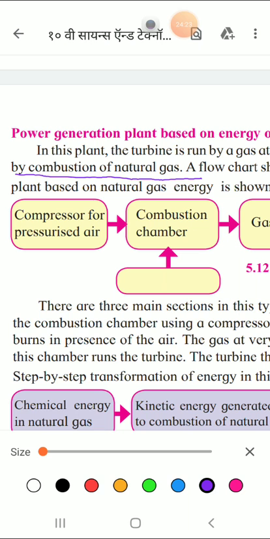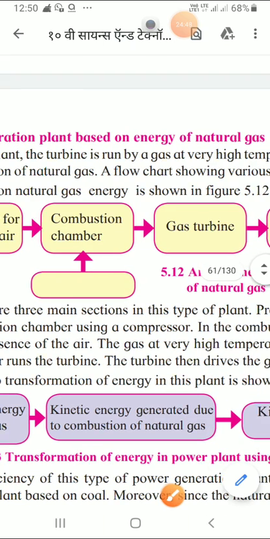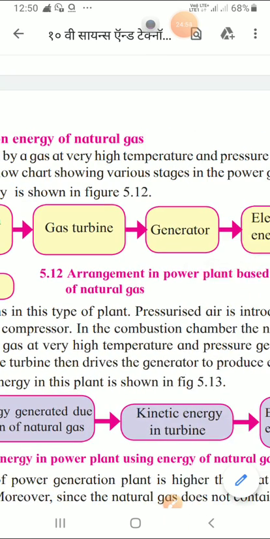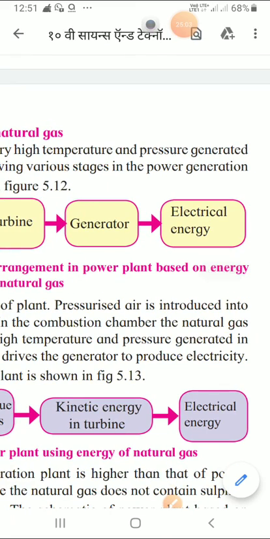So let us see now the flow chart, children. Here the compressor for pressurized air is there, and due to that the pressure on the air is created, and it goes to the combustion chamber. Further, due to this combustion, it moves the turbine, and due to the movement of the turbine the generator is also working, or the magnet in the generator moves, and due to that the electrical energy is generated.